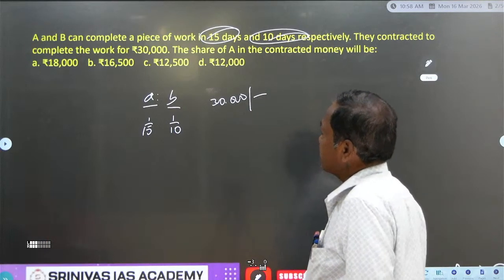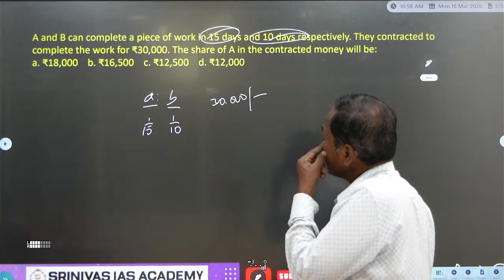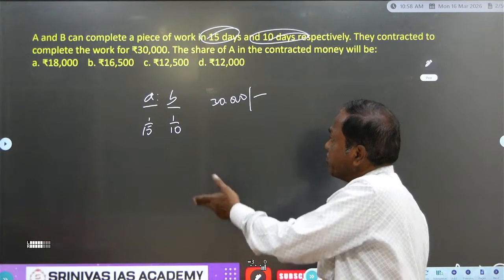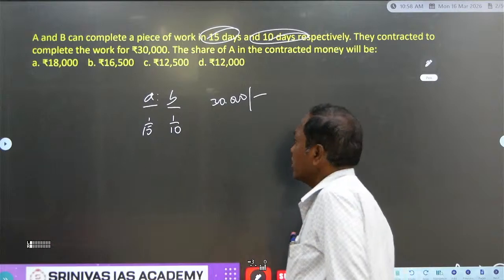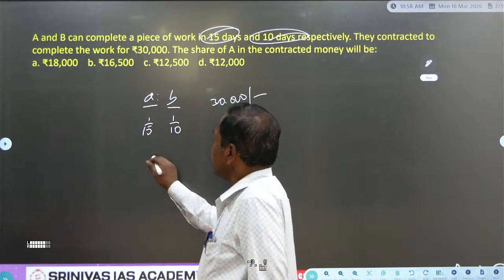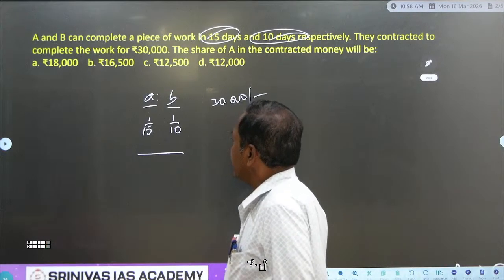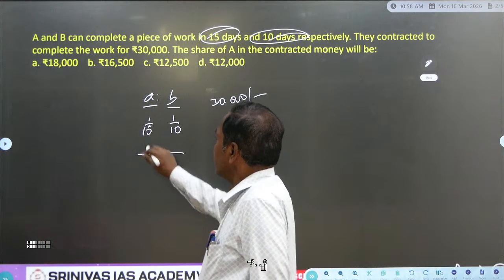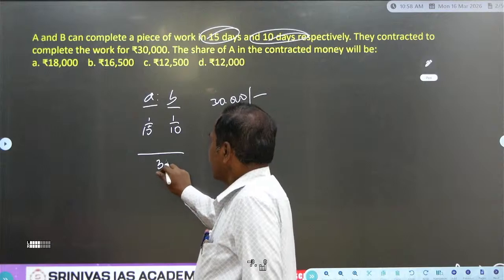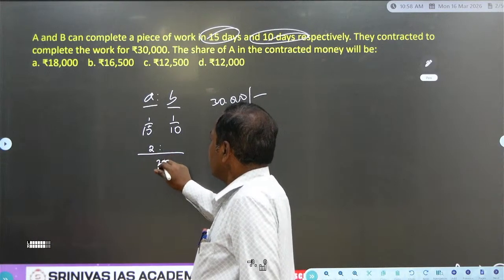Now, how do you solve that? The total contract money is 30,000. Again, you need to convert into ratios. How do you convert into ratios? For 15 and 10, the LCM is 30. 2 is to 1.